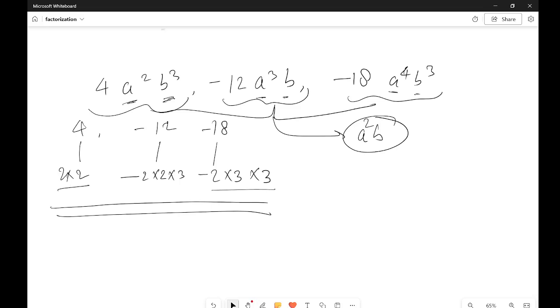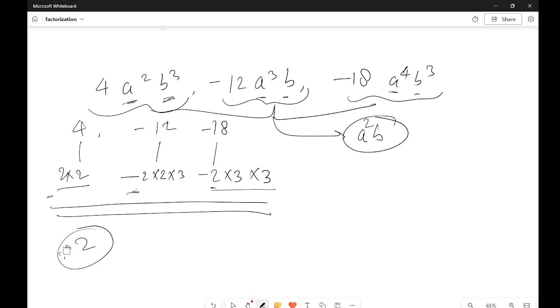So 2 all have, so there will be one 2, but there is no double 2 or like 4, and there was no 3. So the HCF, or the common between 4, minus 12 and minus 18, is 2. And even this will be basically plus 2, not minus 2, because only these two have a minus sign, but not the first one, so hence it is plus 2.